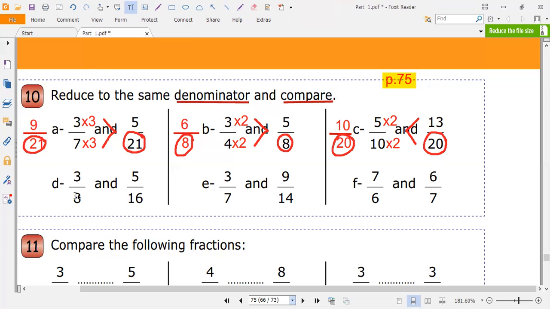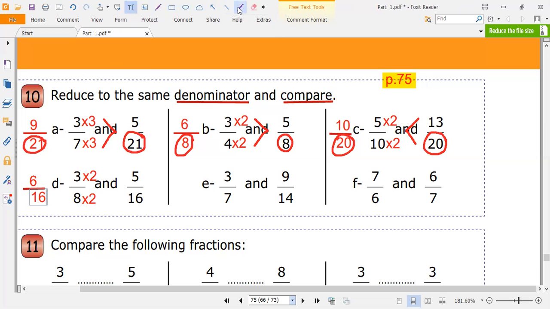Now part D. 3/8 and 5/16. Can 8 become 16? Yes, if we multiply the 8 by 2. So we have to multiply the numerator also by 2. We get 6/16.